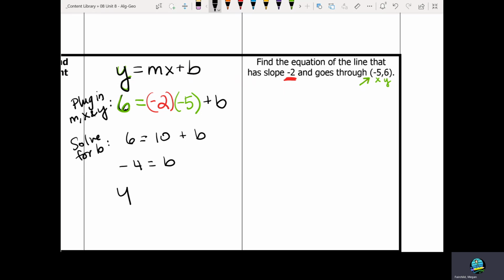So now we write our equation, y equals, we plug in our slope, -2. We put the x. And then we put the y-intercept, which we just found is -4, so -4.